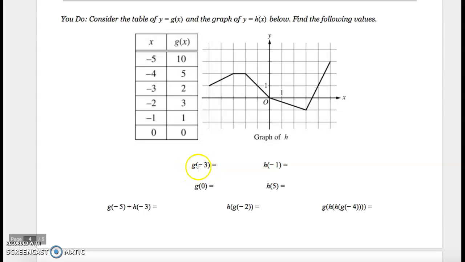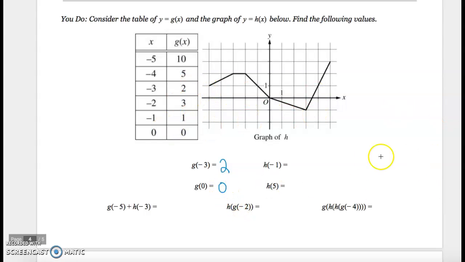So g of -3, so if I go to -3 is my input and g is my function, so g of -3 would be 2. Then for the next one, I'm finding g of 0. So if I go to an input of 0 and where g meets that, my output would also be 0.